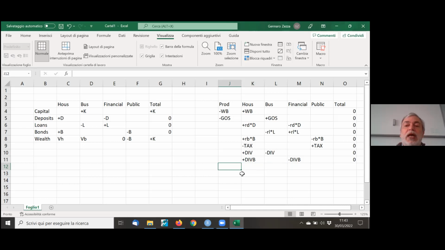And now we need to have the expenditure, so we will have consumption. We have to have investment, let's call it I. And we want to have public expenditure.